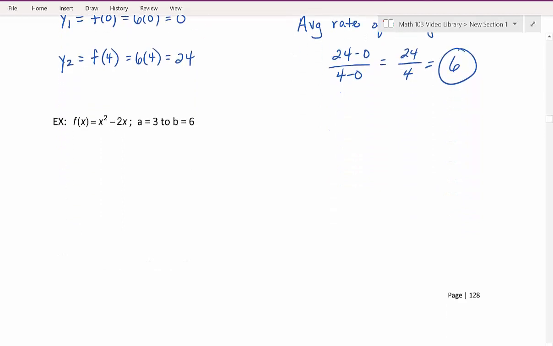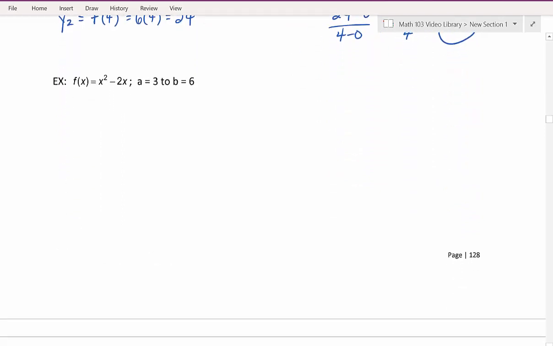Let's look at one that's definitely not linear. Our function f of x equals x squared minus 2x, and we want to find the average rate of change from a equals 3 to b equals 6. Well, we've got our two x values. x1 is equal to 3 and x2 is equal to 6.